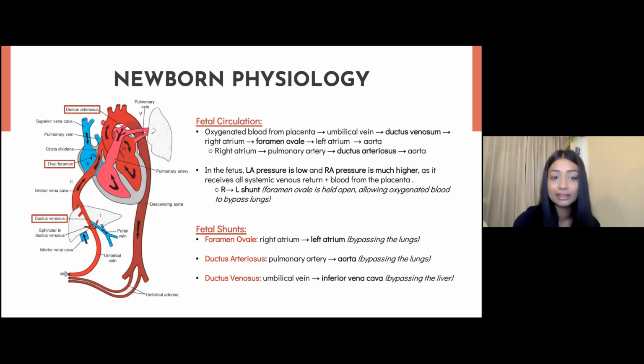So oxygenated blood from the placenta flows through the umbilical vein, as it's coming back to the baby's heart, traveling through the ductus venosus to bypass hepatic circulation, so straight into the IVC and then into the right atrium.